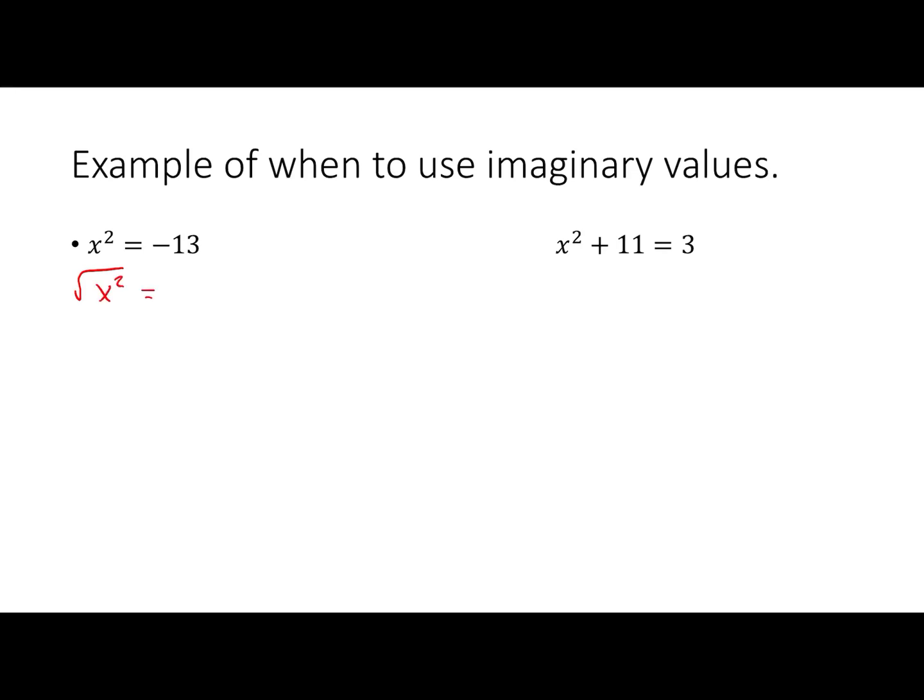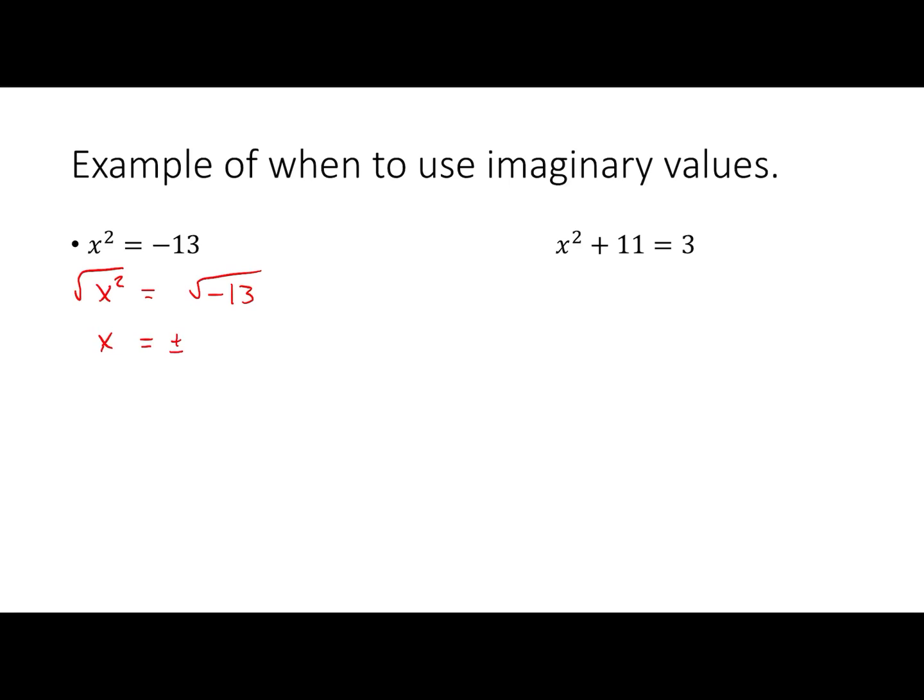So we're going to take the square root of x squared, and we're going to take the square root of negative 13 on the other side. Because we have an even integer exponent, this is actually going to mean that we're going to have two solutions. When we remove this square and the square root, this is going to leave x.